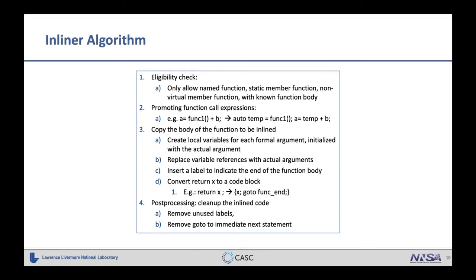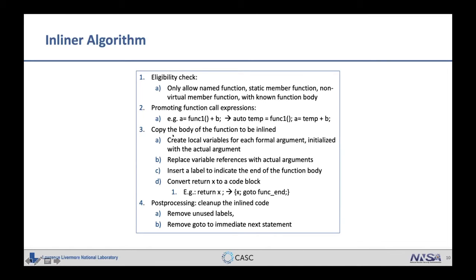So the first step is to do some eligibility check. Before we do any transformation, we want to check if the transformation will generate the correct result, will actually be feasible to do the transformation. The second step is to do some AST normalization to really simplify the AST a little bit, so we can more easily apply the transformation we want.